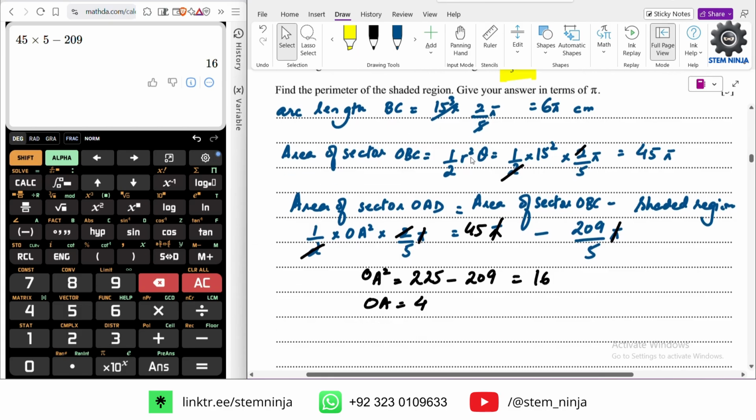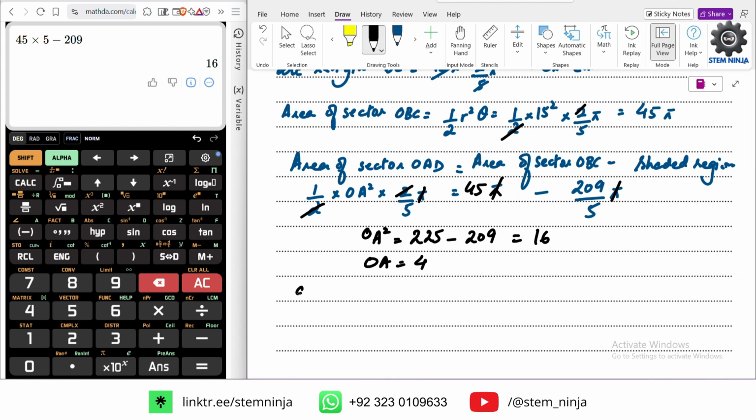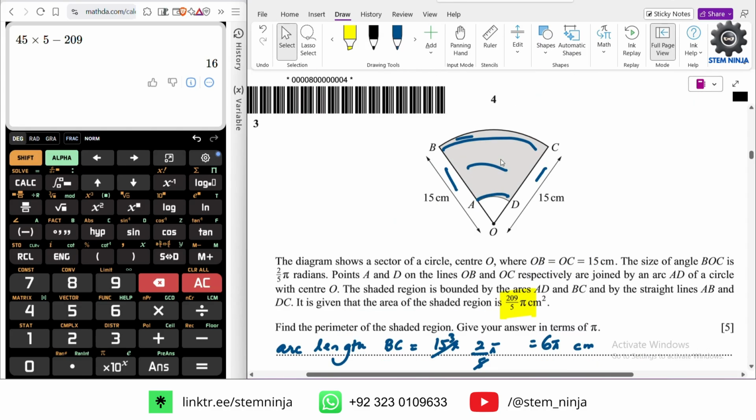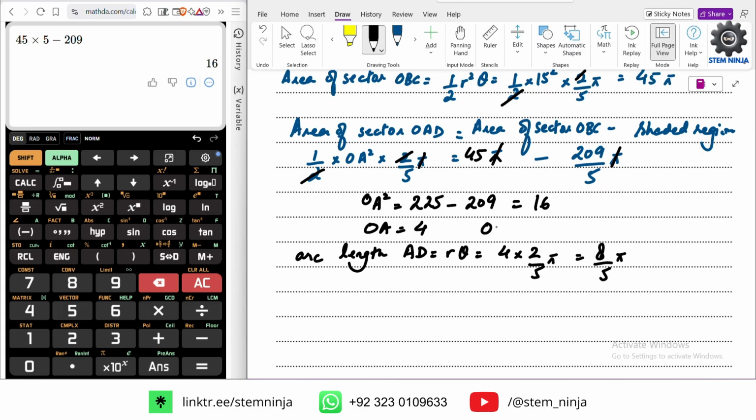Now that we know OA, OD is also 4. Now we need arc length AD. Arc length AD is going to be r theta, so 4 times theta, which is 2 over 5 pi. So 8 over 5 pi. We also need the length AB.